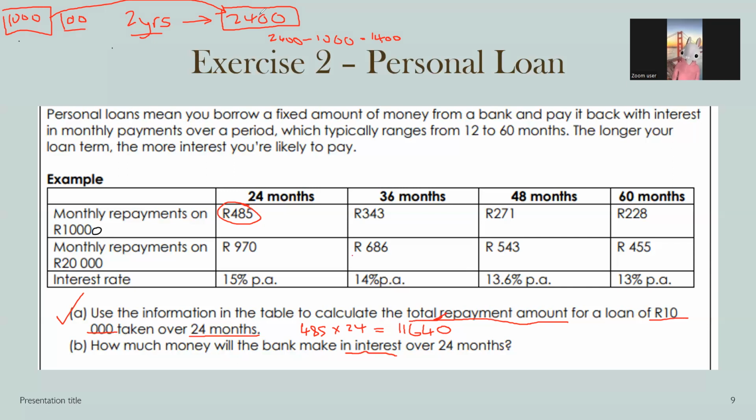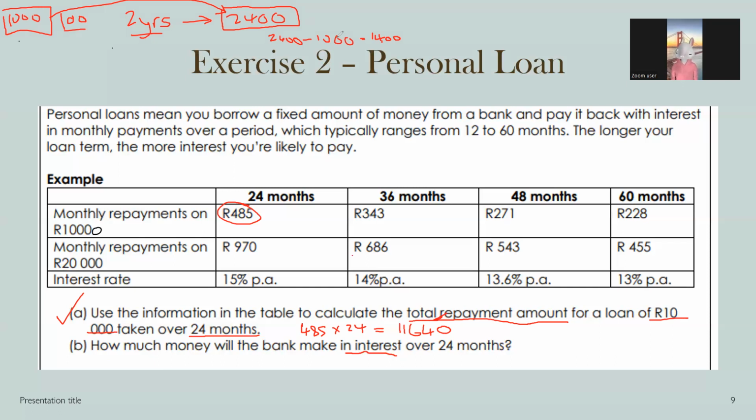So to get the interest that I make over that 24 months, or over that 2 years, is basically just the total amount that you have to repay, which was 2,400, minus that 1,000 rand, which is the original loan amount, and that equals 1,400. That's the interest I made over that 2 years.